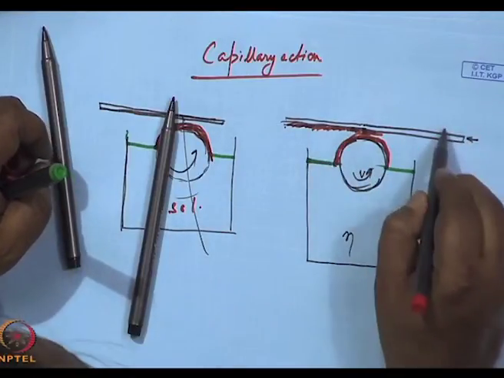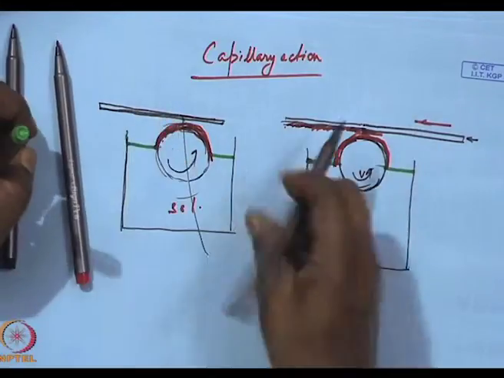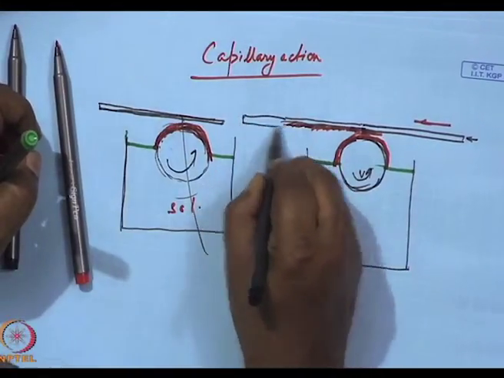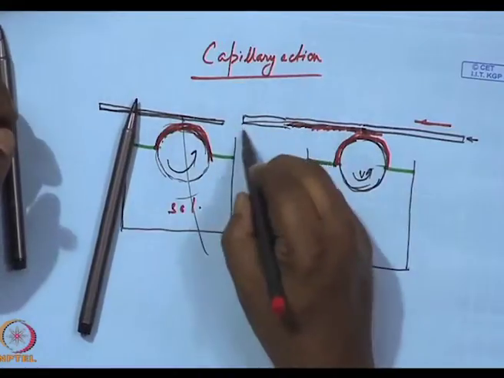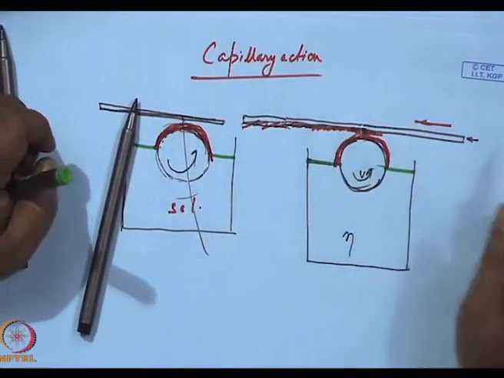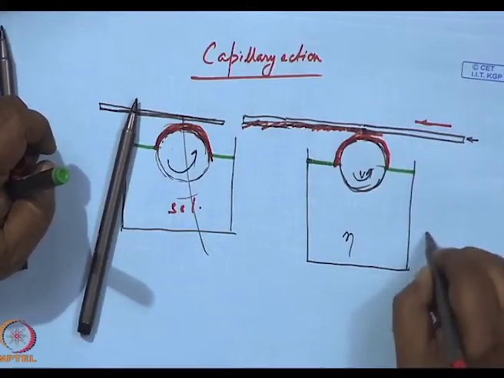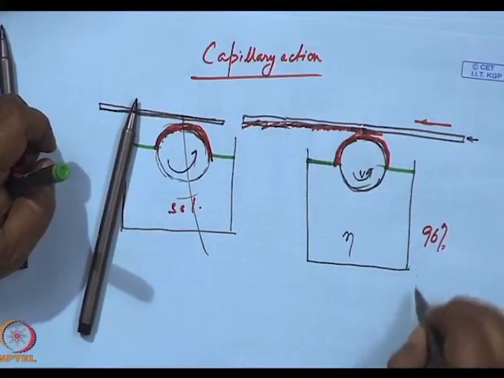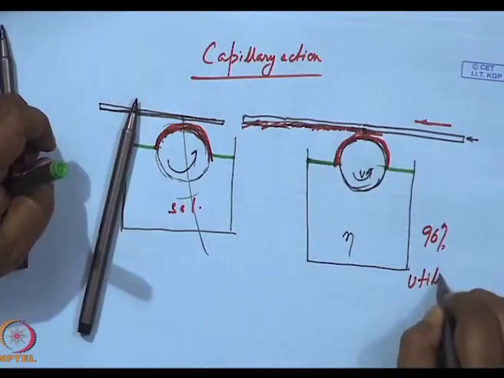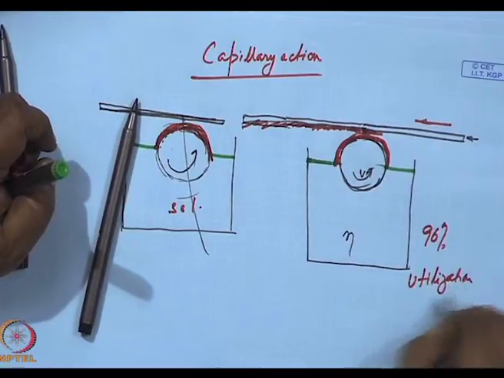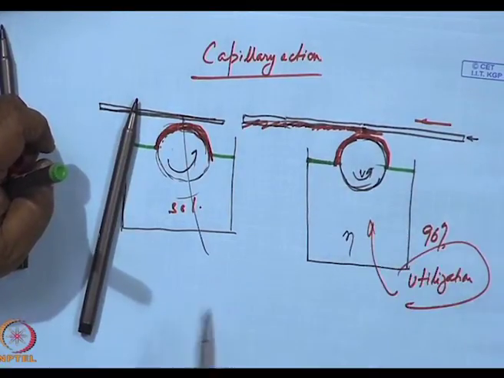And as I keep pushing this substrate more and more in this direction, what I will have is larger areas of the coated substrate. Now, in this particular process, we have 90% utilization of this particular sol.